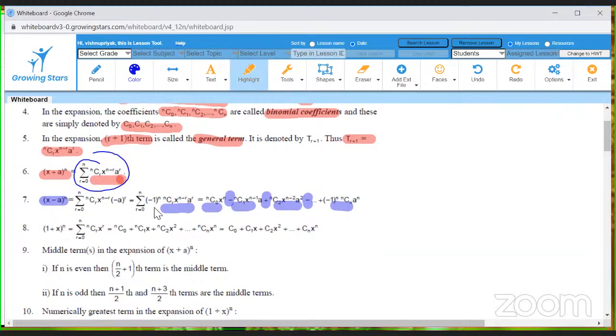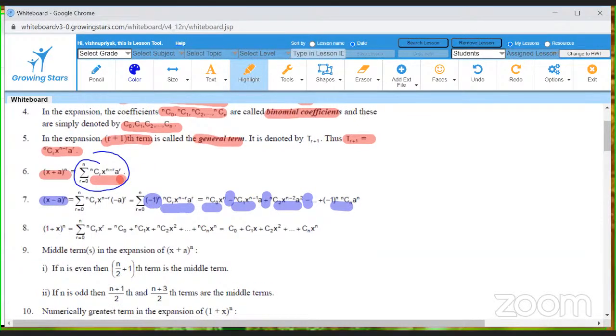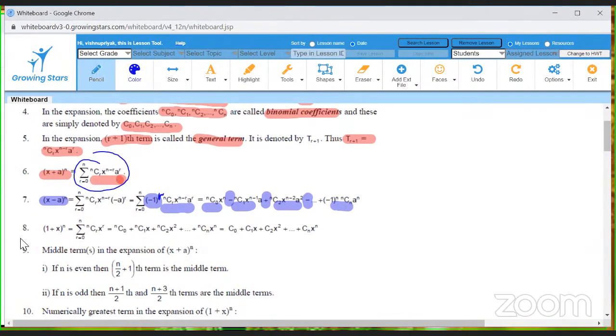In short, sigma r equal to 0 to n. Only thing, because of those minus signs, you will write minus 1 power r, not n. Minus 1 power r.